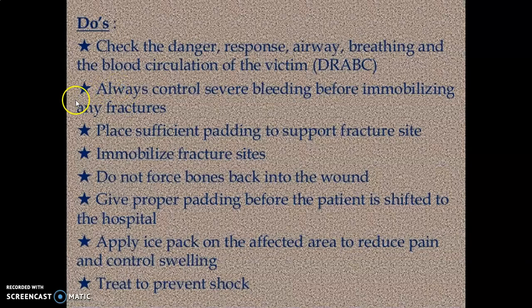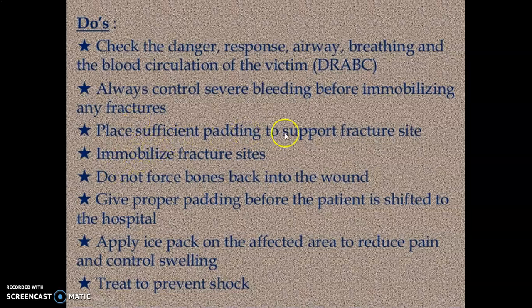What should be done? Check the danger, response, airway, breathing and circulation of the victim, that is DRABC, which means danger, response, airway, breathing, and circulation. Always control severe bleeding before immobilizing any fractures.